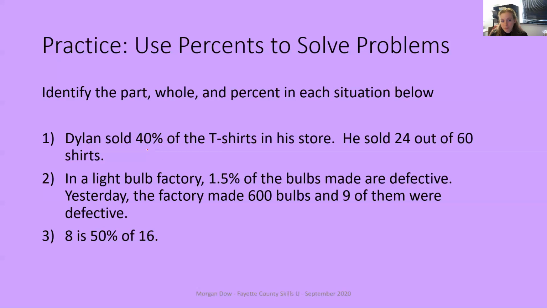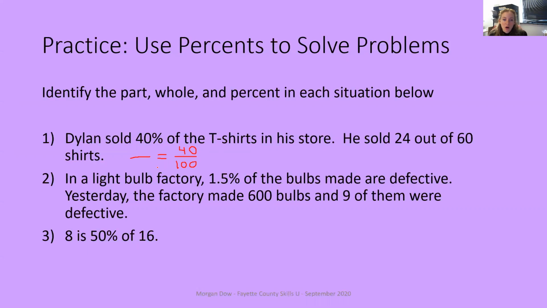So in this problem, what is the percent? The percent is 40, right? It says 40%, so that should be easy to find. I'm going to start setting up a proportion. The 40% is going to belong over on the right side here with the 100, so 40% is 40 out of 100.